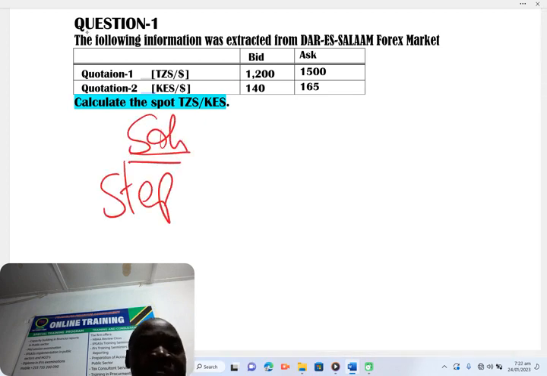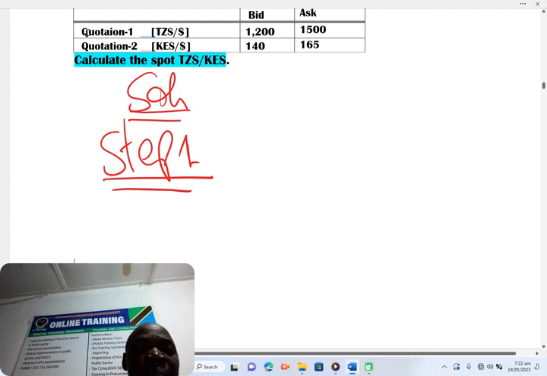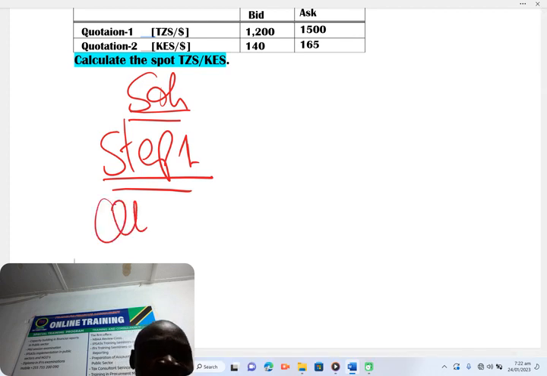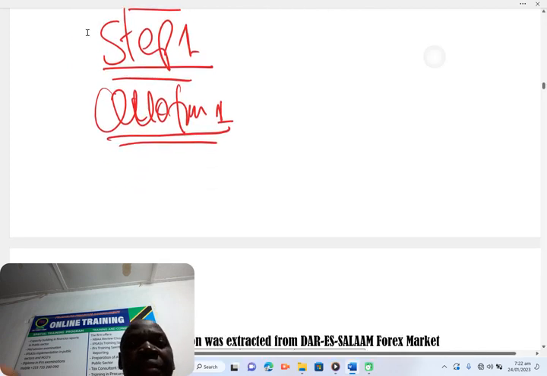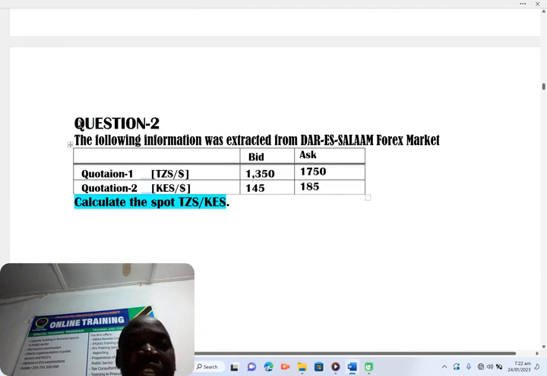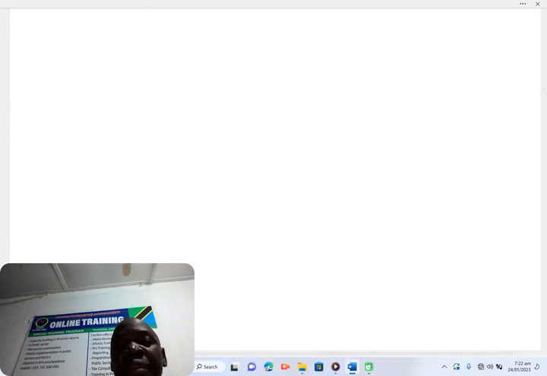Step 1. We have said there must be how many quotations? 2. So you write quotation 1 somewhere, and quotation 2 the other way around. Let me have enough space for you.